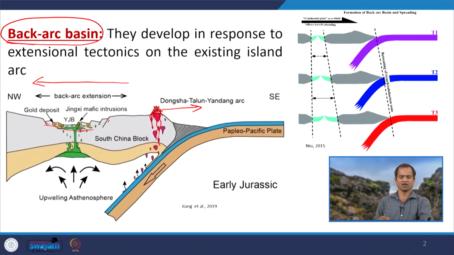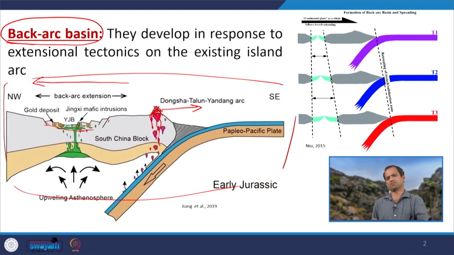Now if you see this overall subduction zone, it is a compressional system because two plates are moving in opposite directions. However, once the plate is subducting down and partial melting is taking place in the mantle, this magma is erupting here.